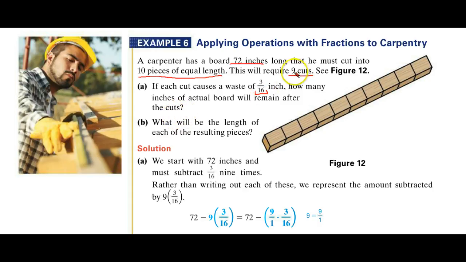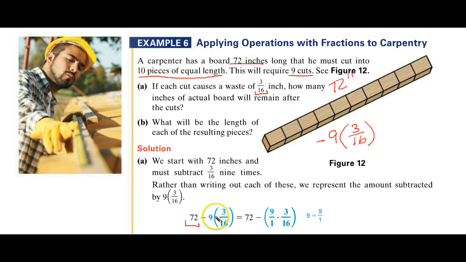Well, we're going to have 9 cuts times this. So we will then say our overall length of the board is 72 inches. Each cut is 3/16, and there's going to be 9 of them. So minus 9 times 3/16.